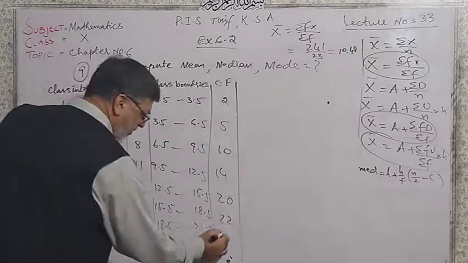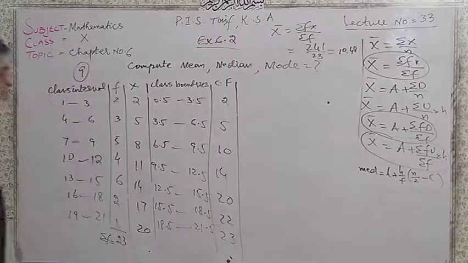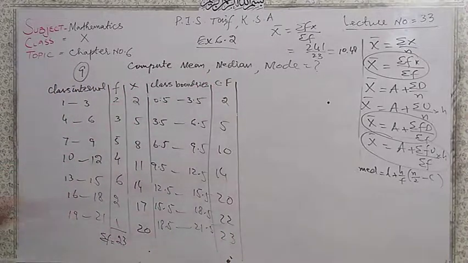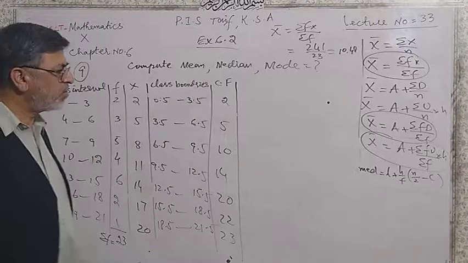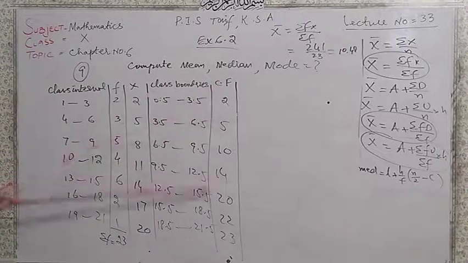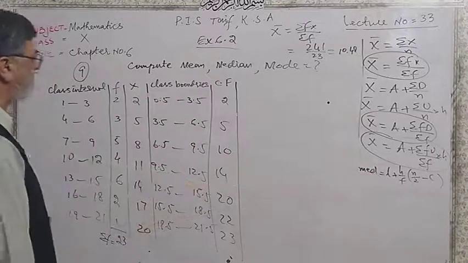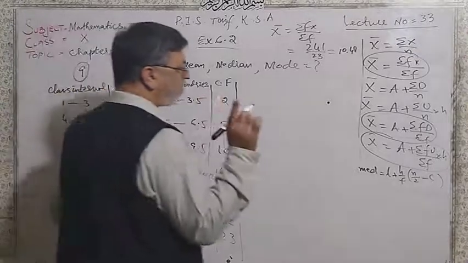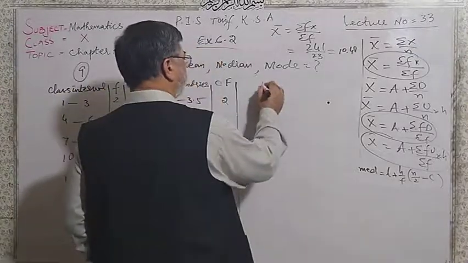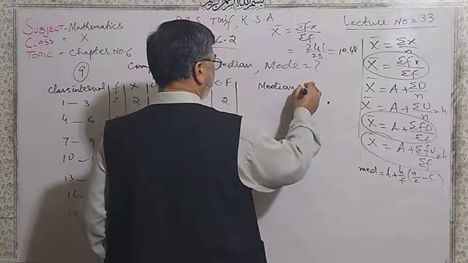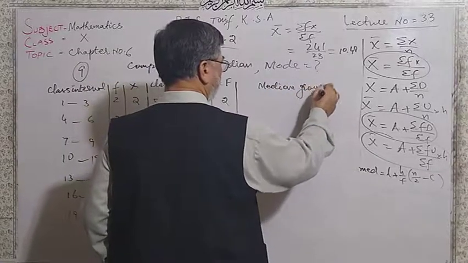Then 22 and 23. So dear students, this is cumulative frequency. Actually we need these values here, so we are adding these columns which are required for application of the formula. After that, we have to find the median group.